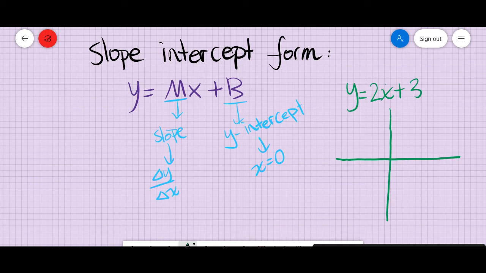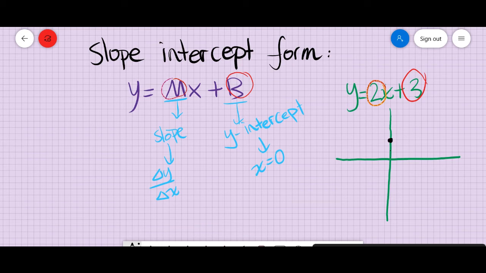So the slope is 2 and the y-intercept here is 3, because you see this number here is the slope, it is the 2, and this number here is the y-intercept, that's the 3. So the 3 gives us that when x is equal to 0, y is 3, so it is 1, 2, 3. So that's the point of the line.